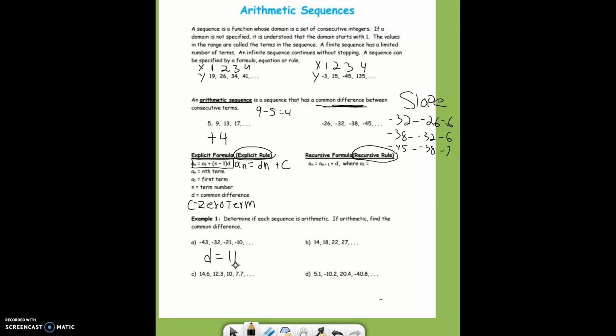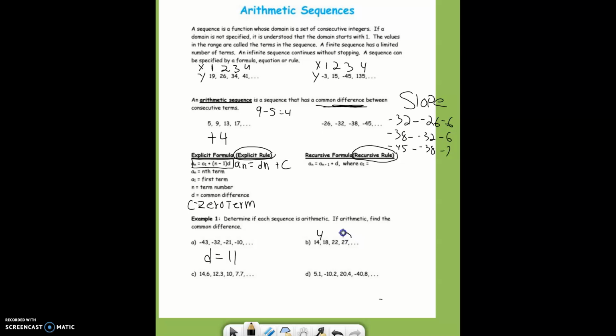So the next one we have 14, 15, so we have 4 here. And then the next one, 22 minus 18 is 4. Then we have 27 minus 22 is 5.